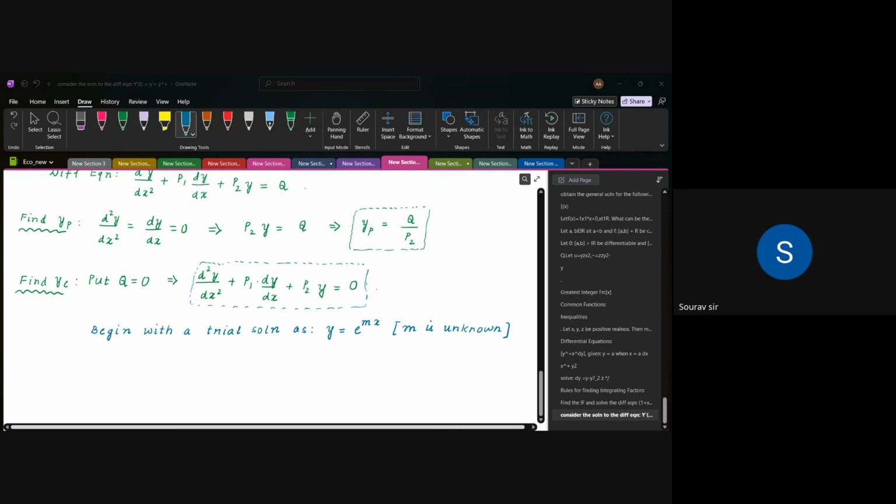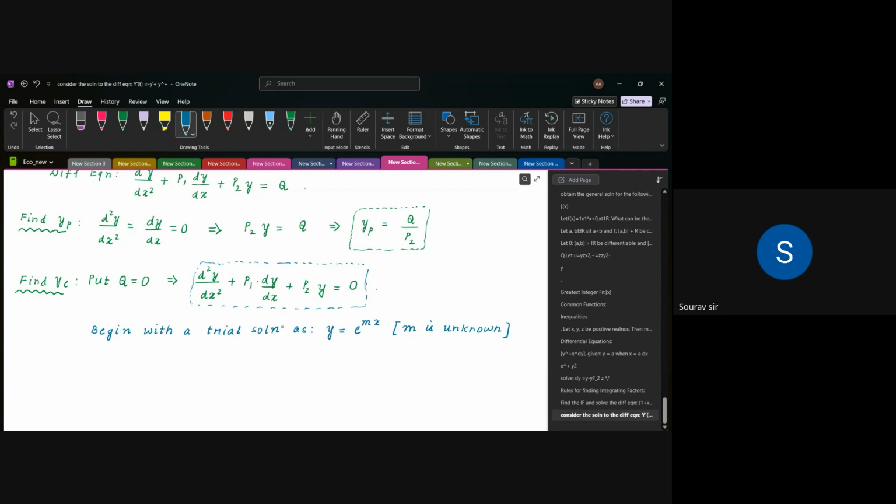Let me take you through a few more steps to understand this better. Let's say I denote this homogeneous equation by star.